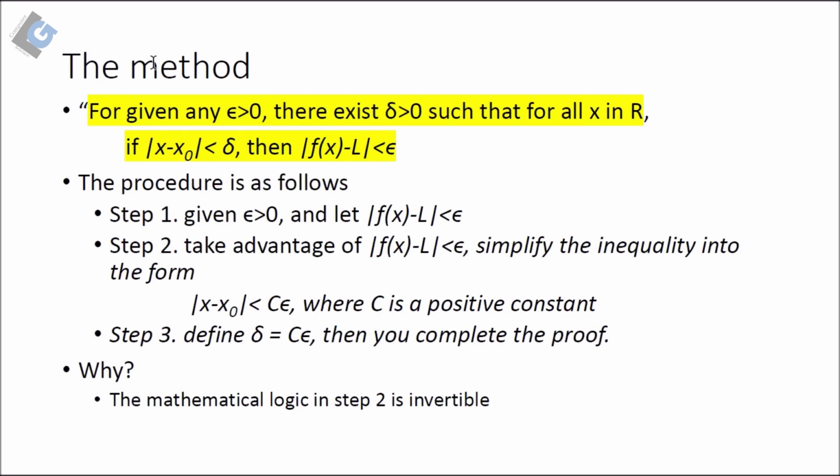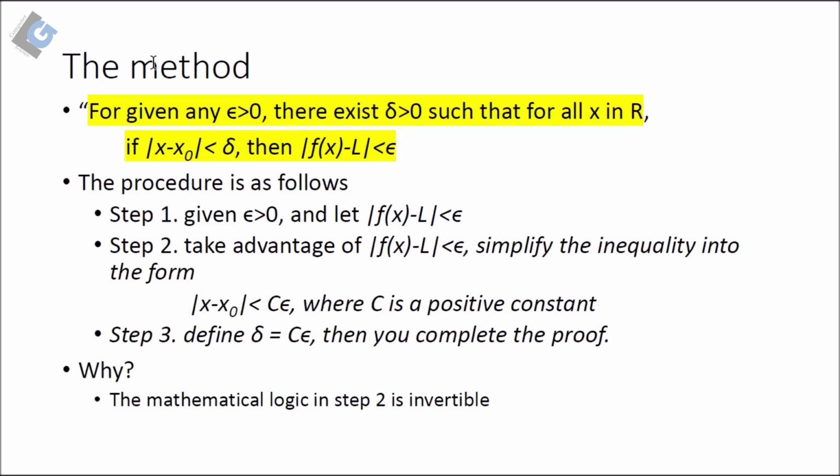Simplify this inequality into the form: absolute value of x minus x₀ less than c multiplied by epsilon, where c is a positive constant. The final step, you just define delta equal to c multiplied by epsilon. Then you complete the proof.